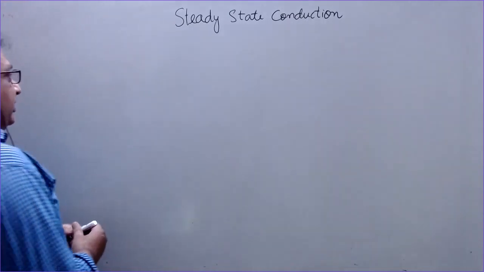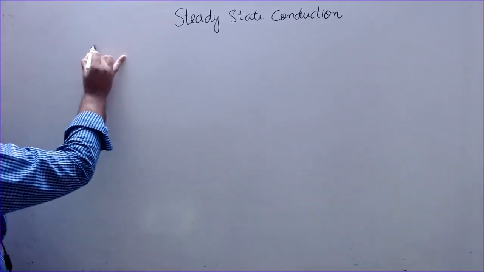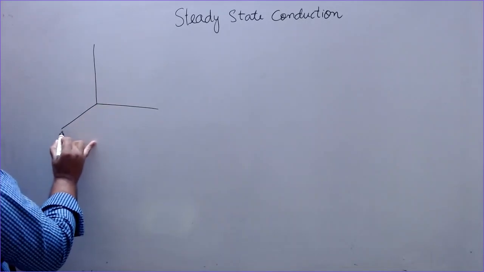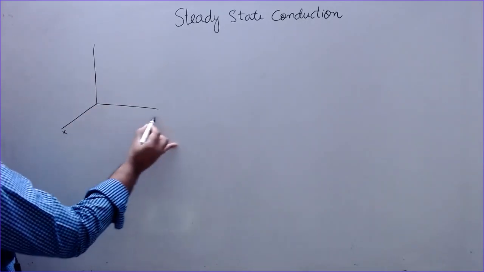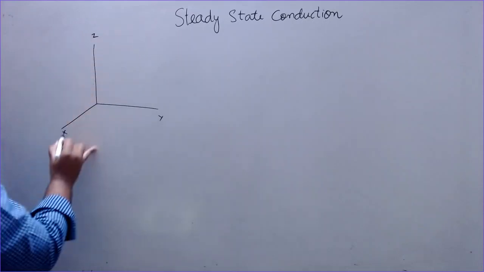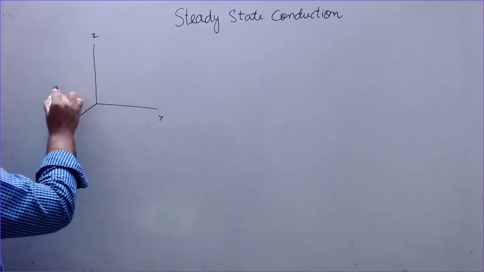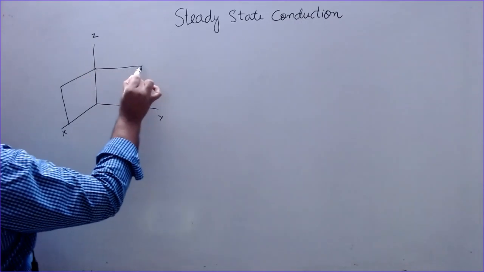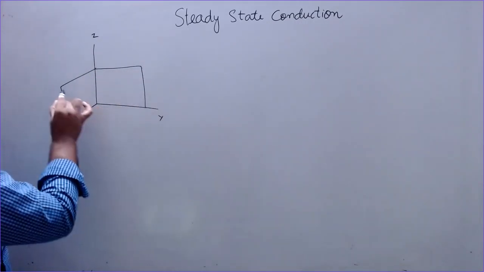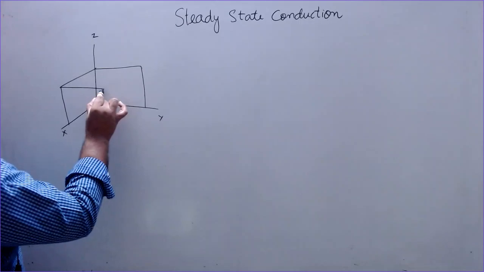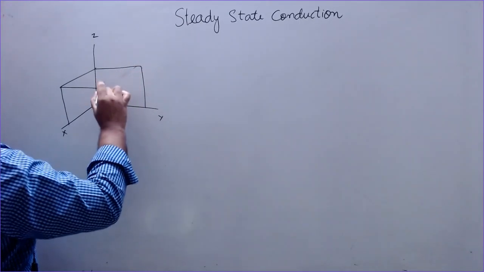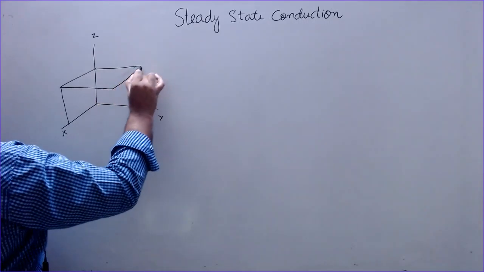So let us begin with the Cartesian coordinate system. So these are our x, y, z axis. This is x, y and z, and let us take a cuboid, the element in the shape of cuboid, such that the heat is entering into this element in every direction and leaving at the other face.